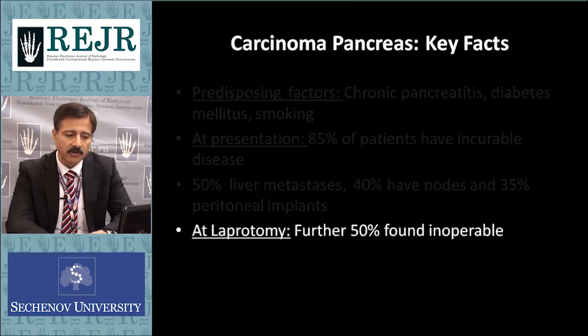At laparotomy, a further 50% are found to be inoperable. This is so because of the low sensitivity of CT to pick up small peritoneal implants, and that's why many surgeons these days are routinely performing laparoscopy before surgery, just for staging and diagnosis of such implants.